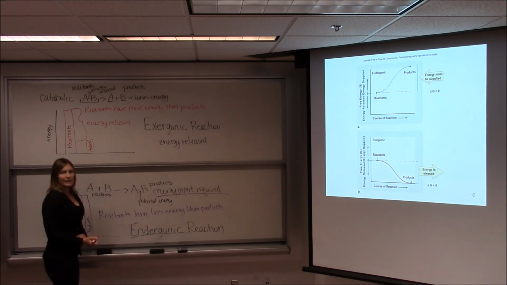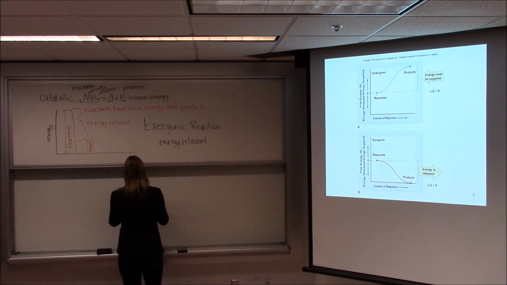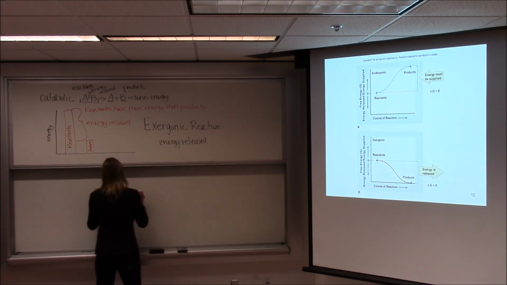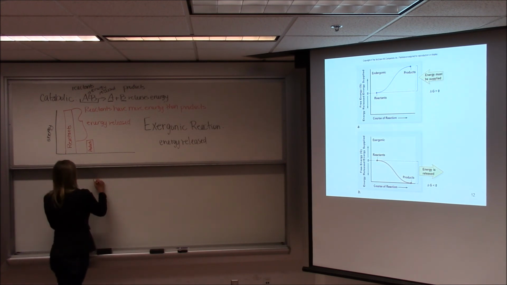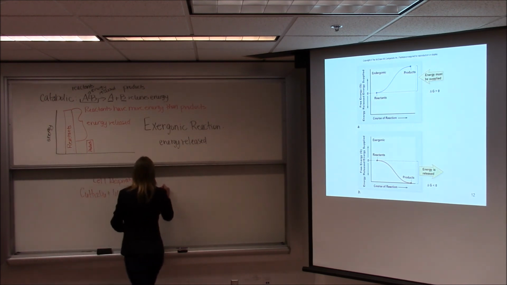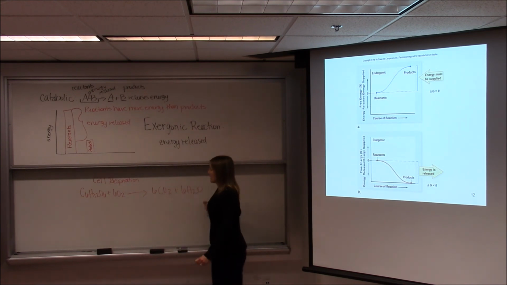Let's think about photosynthesis versus cellular respiration. Okay, in cell respiration, we're taking glucose and oxygen, and we're breaking that down to produce carbon dioxide and water.